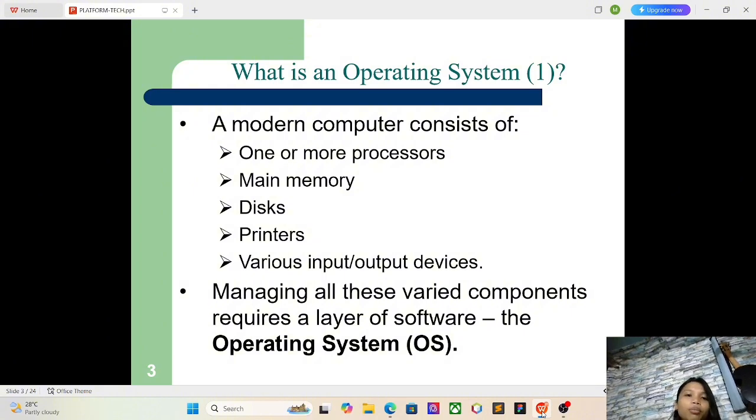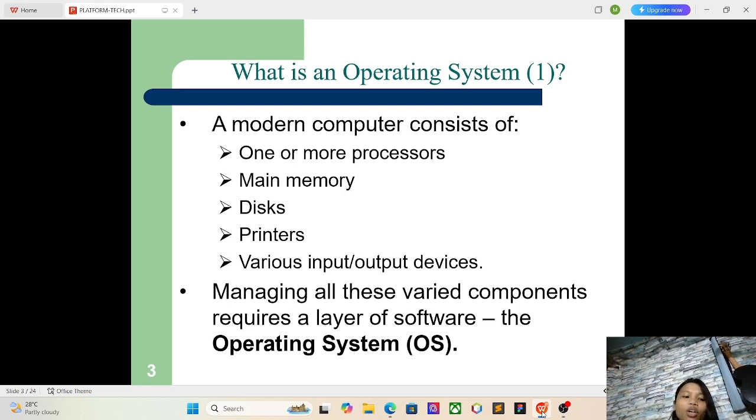A common example of an operating system is desktop OS, and mobile OS such as Android and iOS. Embedded OS is used in appliances, cars, and IoT devices.